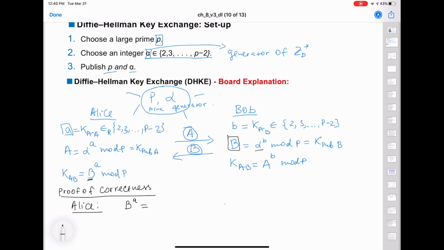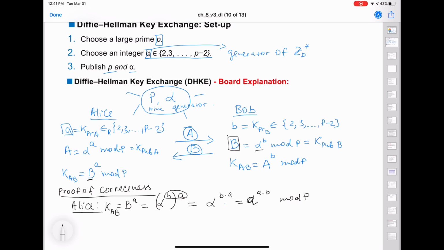It was calculated by Bob as alpha to the power of b, to the a. As you remember from algebra class, these two exponents get multiplied and you have alpha to the power of b times a, which is alpha to the power of a times b modulo p. And this is the key KAB.